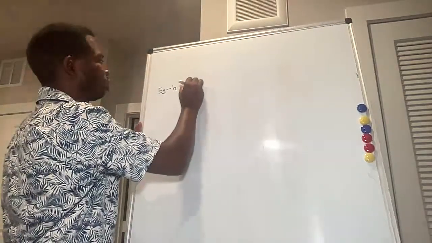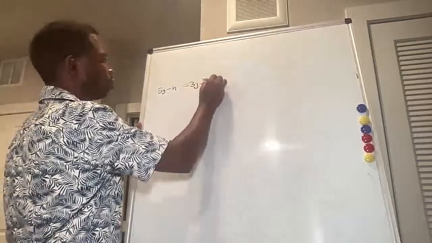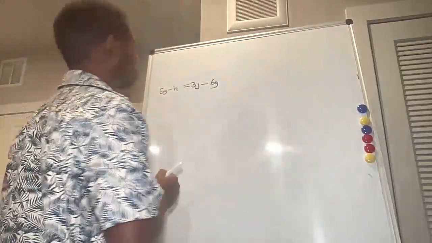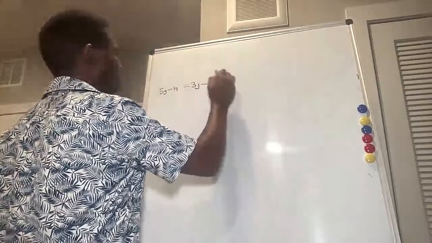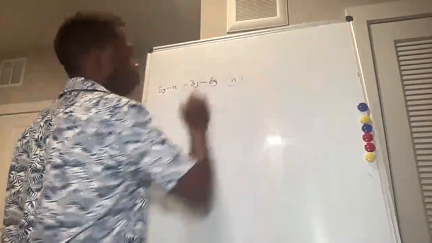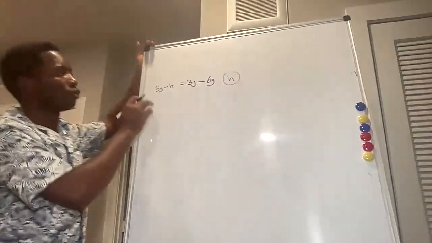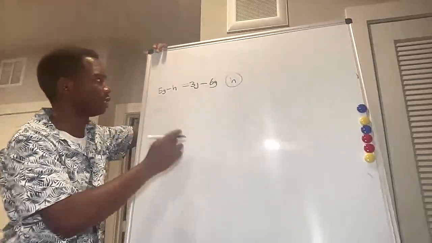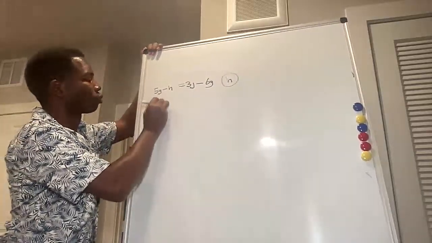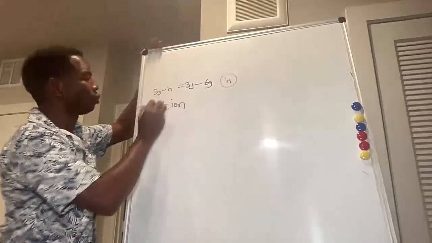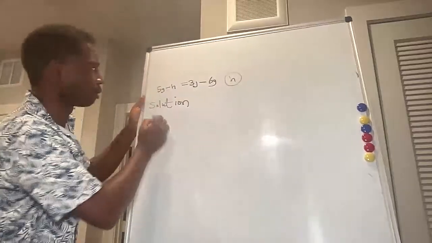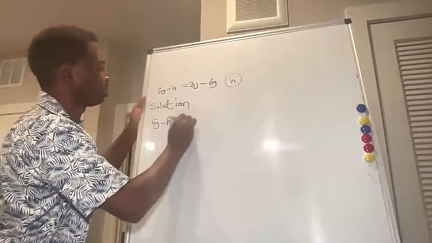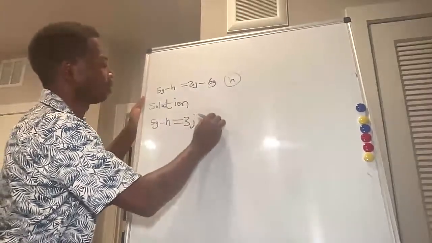Let's make h the subject of our equation. You are told to make h subject of the formula. How can you make h? First, you have a solution. Bring that equation down: 5g minus h is equal to 3j minus 6g.